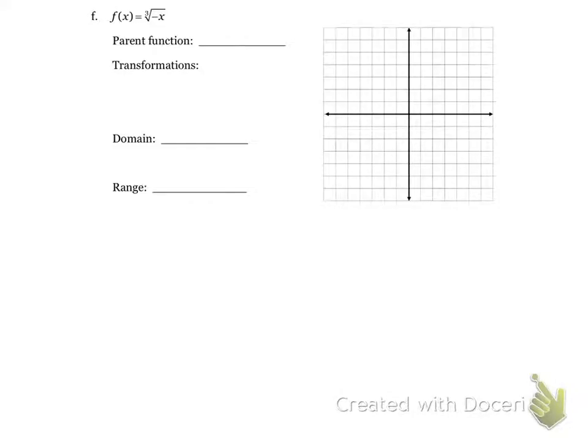All right, so this parent function is the cube root function. And since the negative this time is on the inside, this is a horizontal reflection.